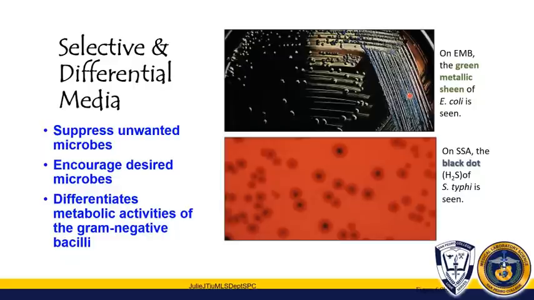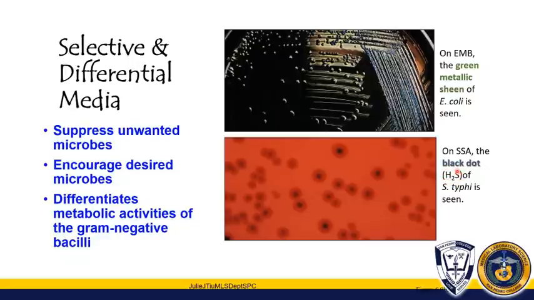The second example is your Salmonella-Shigella agar. It will only select these species and prevent the gram-positive as well as other coliform bacteria. Notice the black dot at the center. This means that the organism can produce hydrogen sulfide.